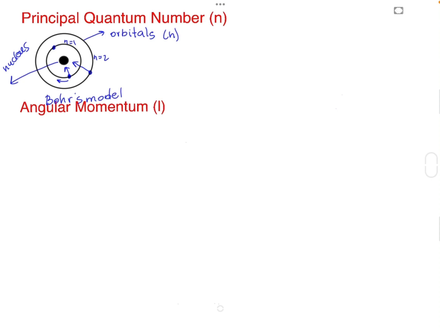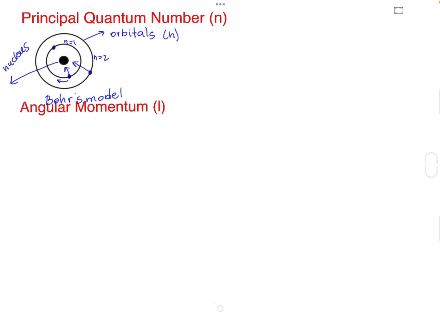The second quantum number, angular momentum. Angular momentum determines the shape of the region in space, called the orbital, as I just mentioned. So it's where the electron is most likely to be found. In Bohr's model, electrons moved in a flat circular path, just like I mentioned for the principal quantum number.